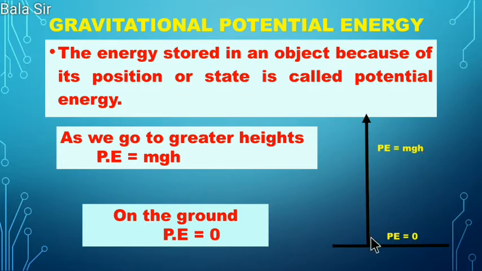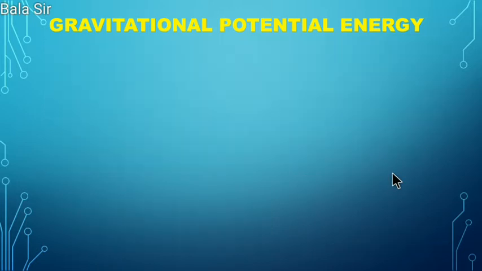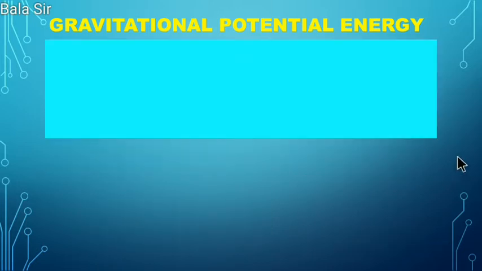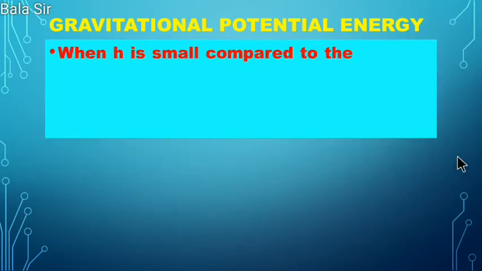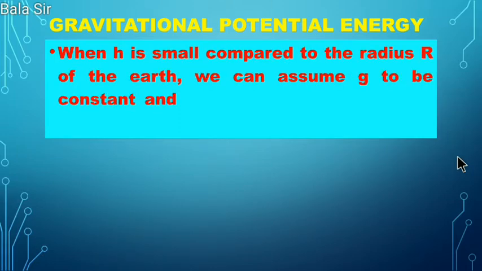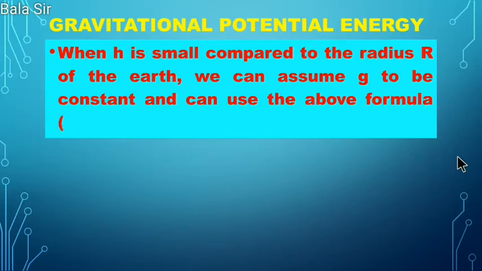But here as you go higher and higher, your height changes. So you will be having some value for the potential energy. When h is small, if it is compared to the radius of the earth, we can assume g to be constant and can use the above formula, that is mgh.